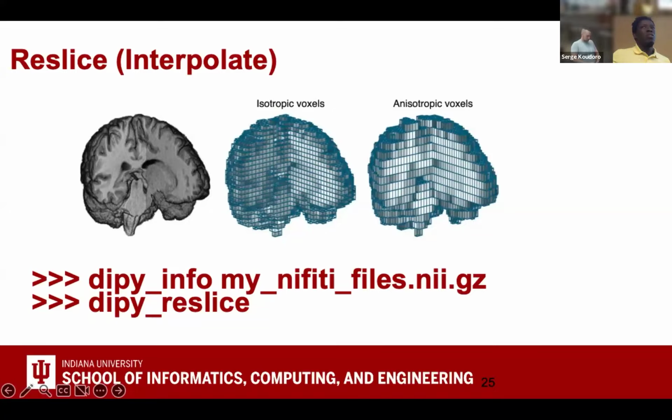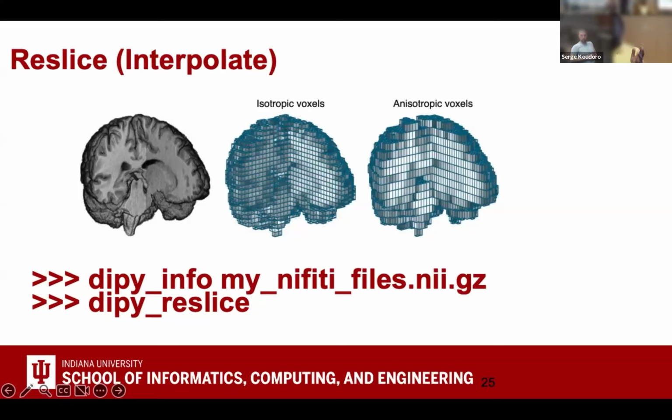They can be 1, 1, and 7 in Z, for example. This is a huge problem. This is an important step because the reality is, I would say 90% of the algorithms don't work on anisotropic voxels. If you make them work, yes, you will have some results, but there is a high chance that they are completely wrong.